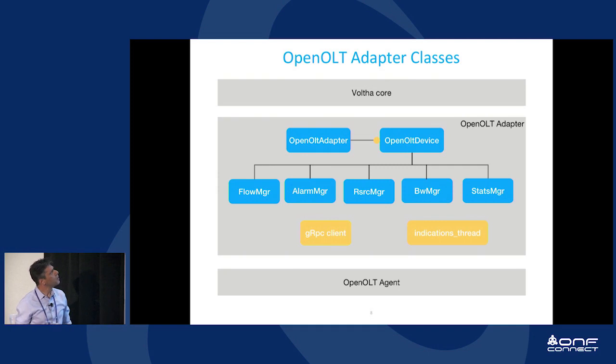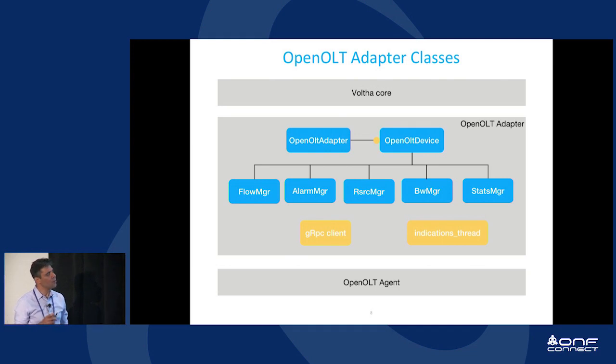Looking a bit into the OLT adapter itself, the OpenOLT adapter is the one that talks to the iAdapter interface. There's one per system, and then you have the OpenOLT device, which is one per OLT instance.